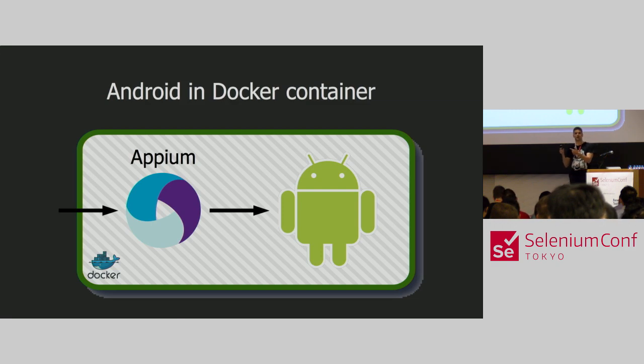And a year ago at SeleniumConf India, I showed ready-to-use Docker images with Android emulators inside. Every such image contains an Android emulator and Appium, an open source tool delivering Selenium support to mobile platforms.